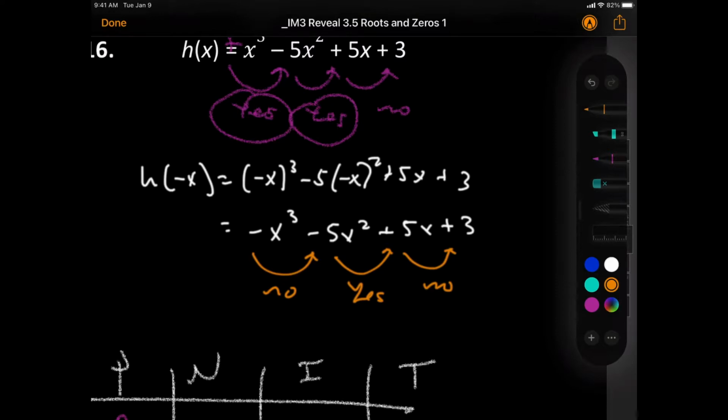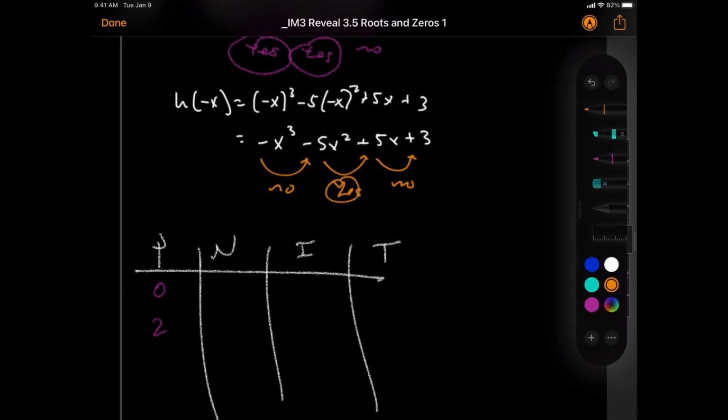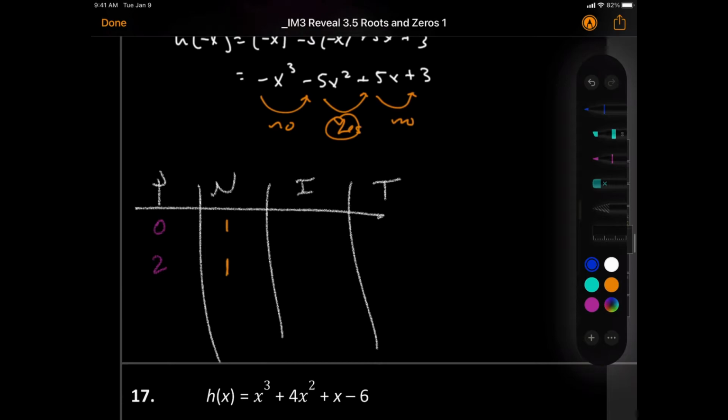Just 1. Okay, so our total, again, is here. So we have a total of 3. So 0 plus 1 plus 2 equals 3, and 2 plus 1 plus 0 equals 3.